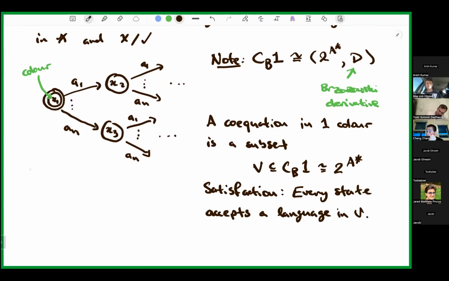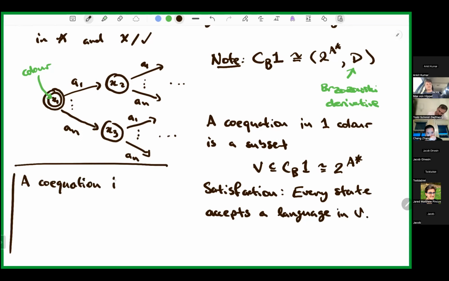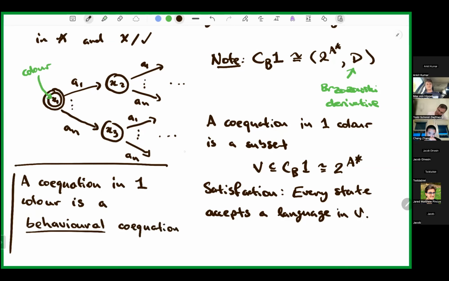So, this is general now. In general, a coequation in one color is a behavioral coequation, because the behavior of my machine is one of these behaviors.